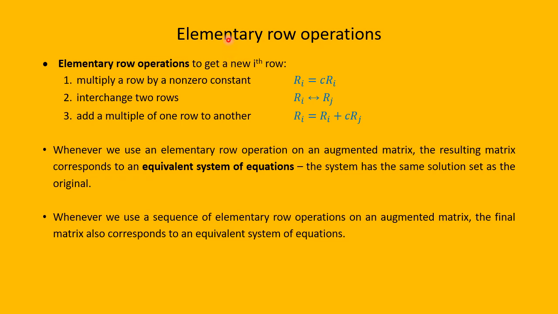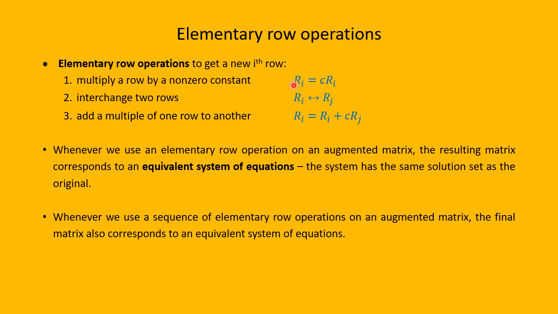So let's talk about elementary row operations that can be performed on a matrix. These are going to be operations that will correspond to a system of equations equivalent to the one that we started with. So let's look at elementary row operations that will get us a new ith row. One is to multiply the ith row by a non-zero constant.